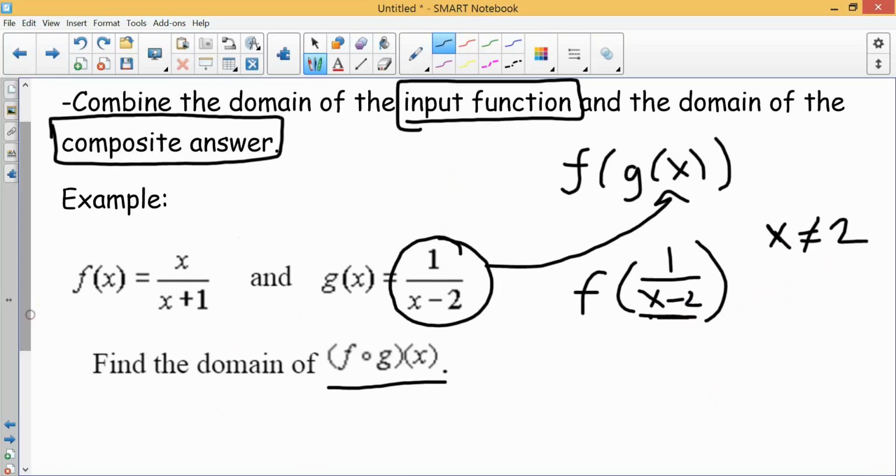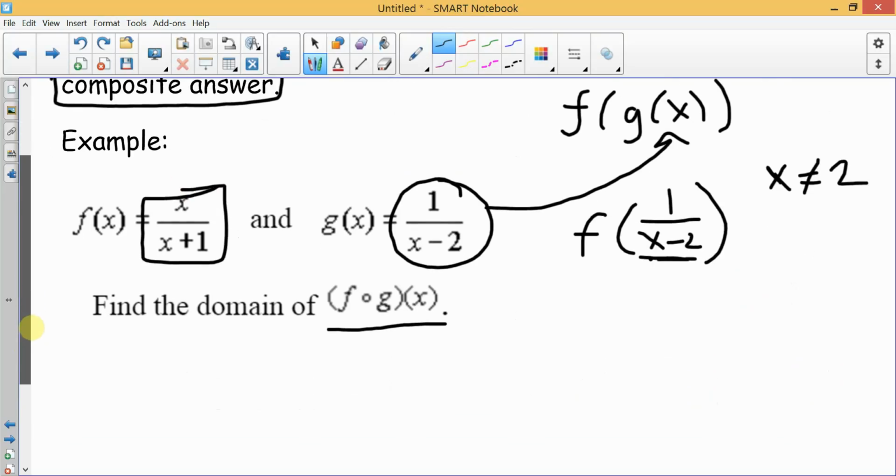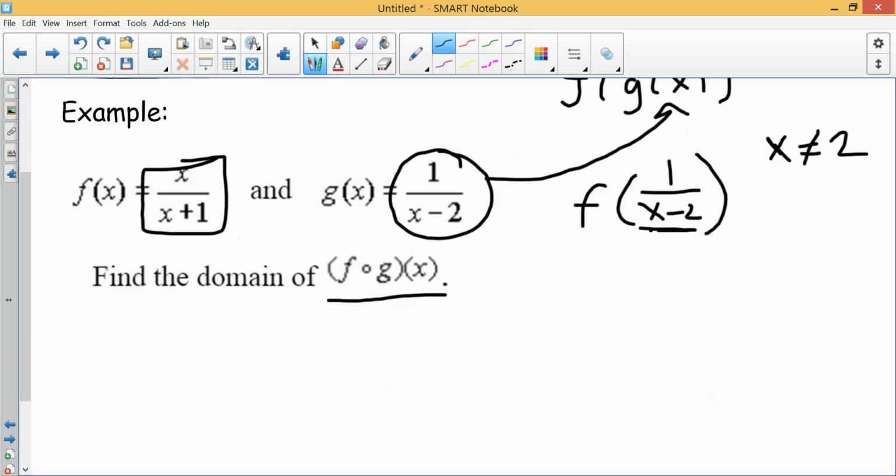From here I can go through and solve this, and I'm going to find the value of f of 1 over x minus 2 by substituting that 1 over x minus 2 into my f of x function, which is x over x plus 1. So this will become 1 over x minus 2 all divided by 1 over x minus 2 plus 1.